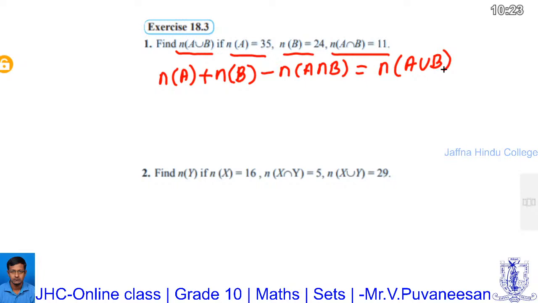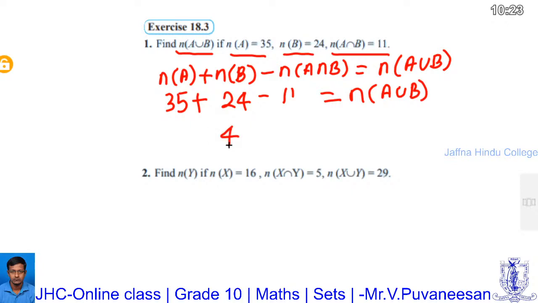Number of A is 35, plus number of B, 24, minus number of A intersection B, 11, equals number of A union B, which we have to find. 35 plus 24 is 59, minus 11 is equal to 48. So number of A union B is 48.